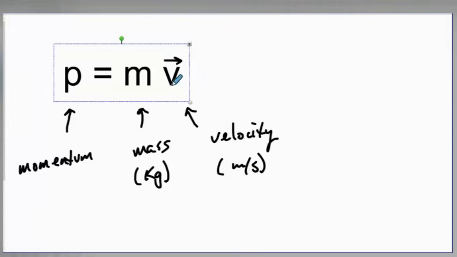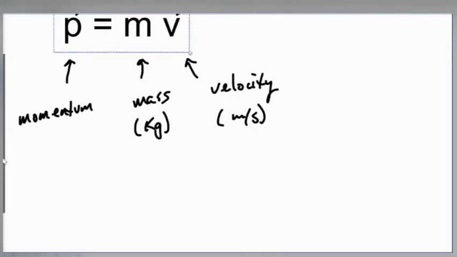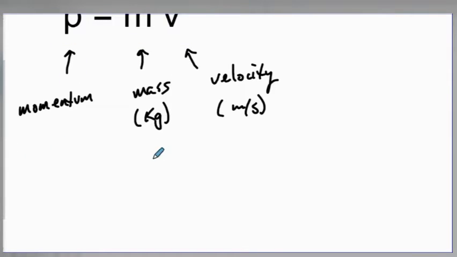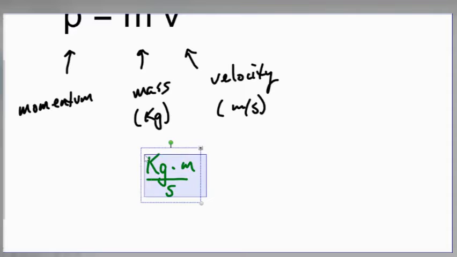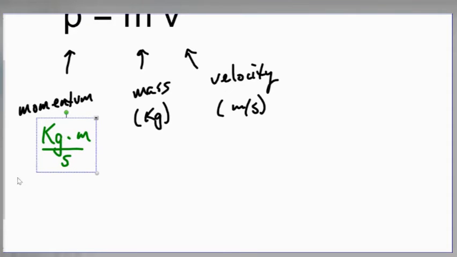And because the direction that the object is moving is important, momentum is also a vector quantity. So we need to make sure we include the arrows when we're discussing momentum. So what would the units of momentum be? Well, they would simply be kilograms times meters per second. Those are the units for momentum.